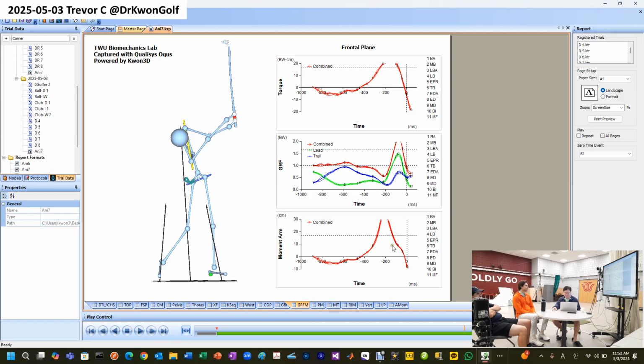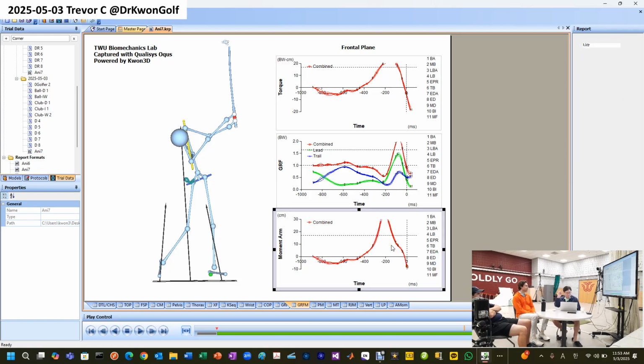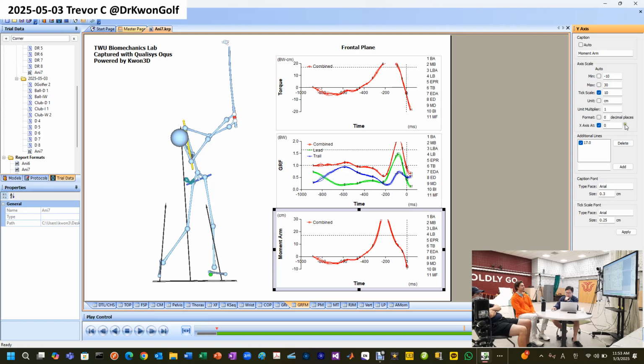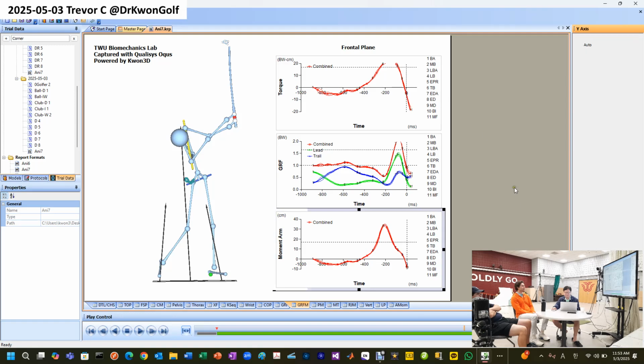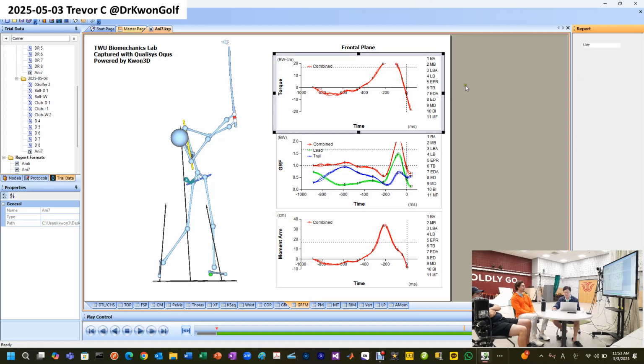However, let's see, let me change the scale. I have a bunch of things that are off the chart scale. If I change the scale here to maybe 40, you have a really long momentum here, and then the torque is also good.